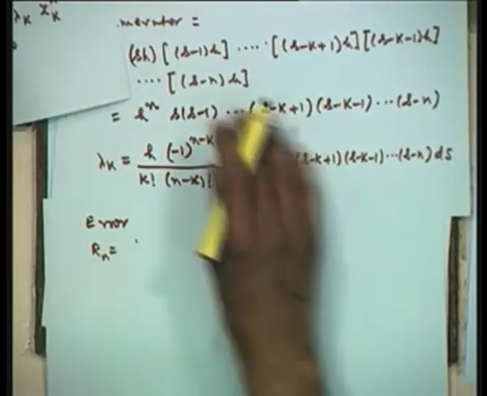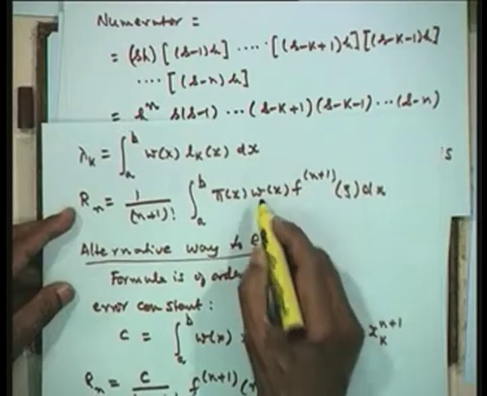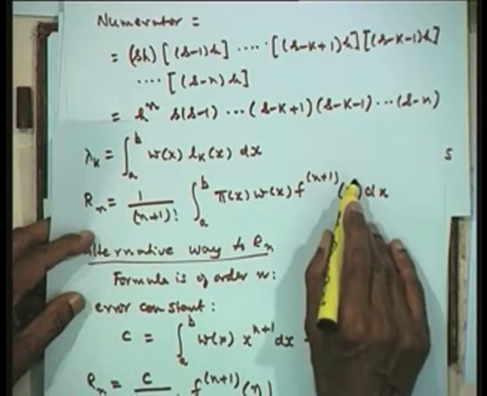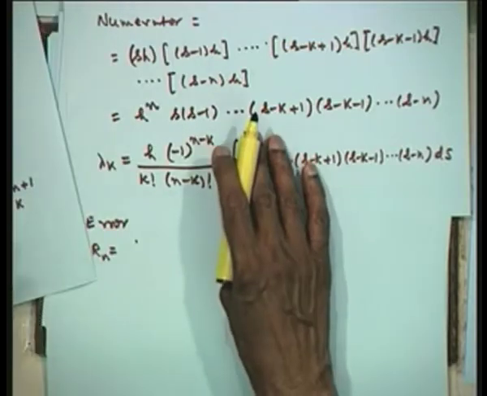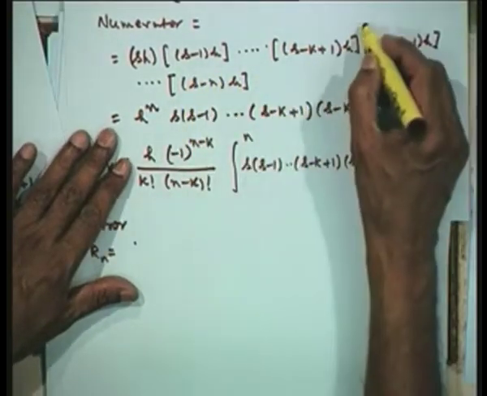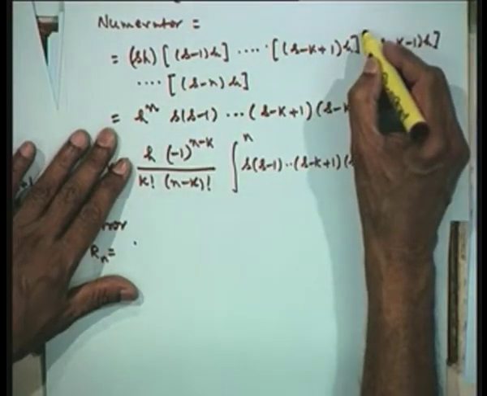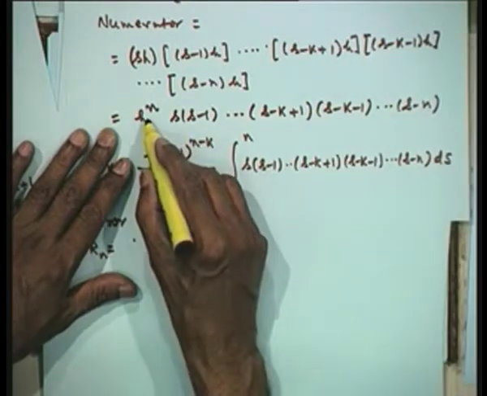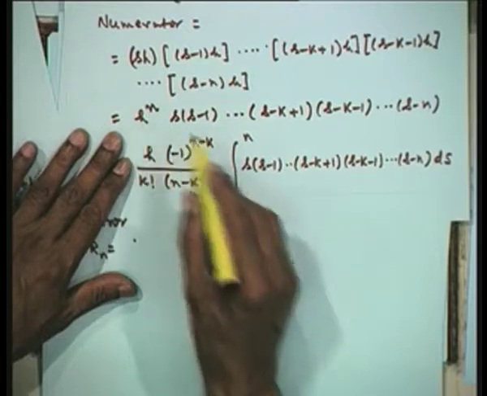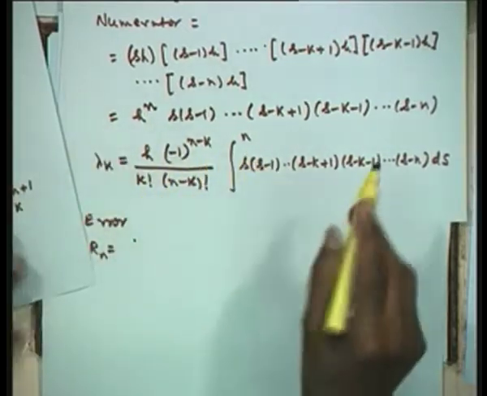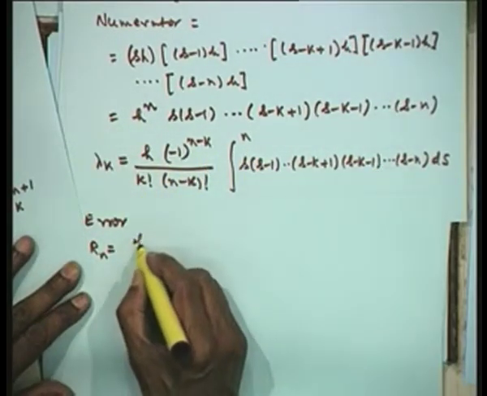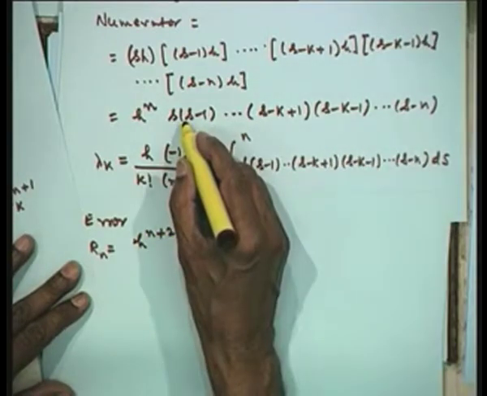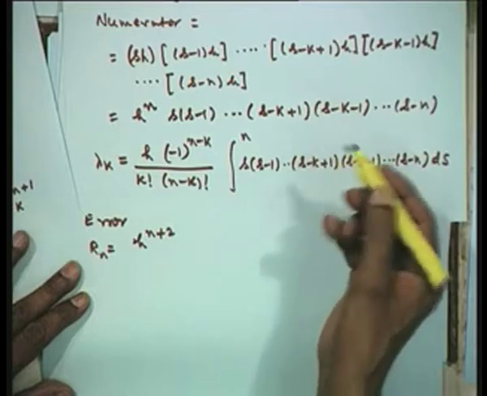Now, the numerator w x is 1, we have taken, pi x contains all the products. All the products means it will now contain the missing factor also that we have missed here, s minus k. So, that missing factor will come here, and hence it will be h to the power of n plus 1, and there is an h being contributed by dx. Therefore, we will have here h to the power of n plus 2, h to the power of n plus 1 contributed by this, and dx is equal to h times ds.